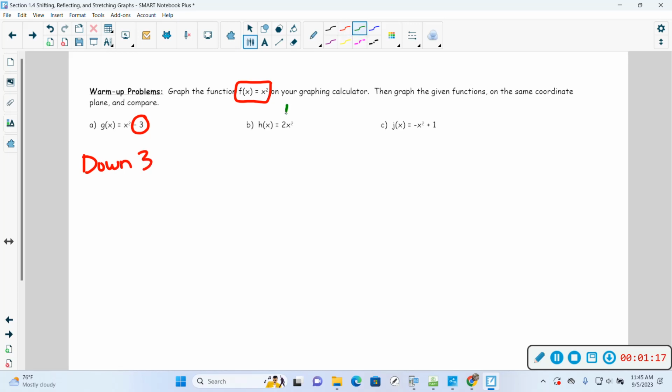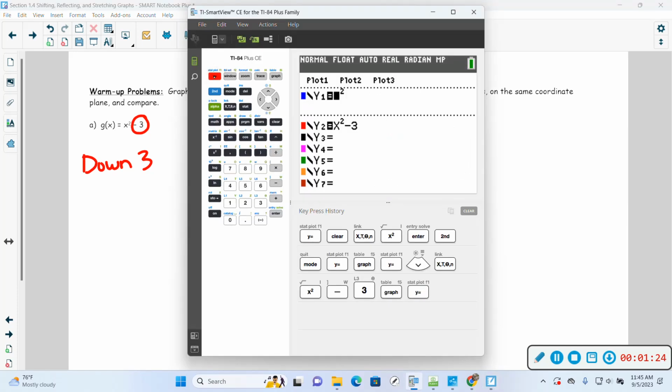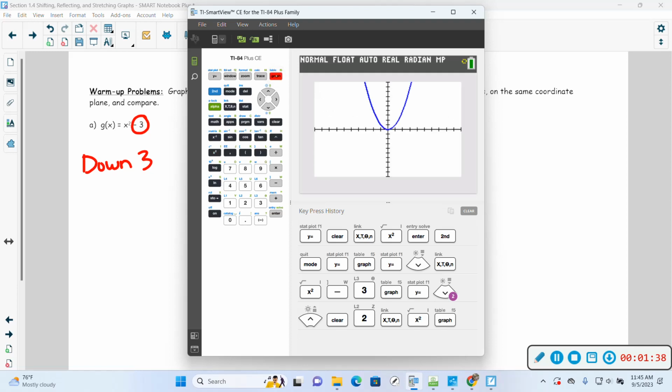Clearly what's different here is they added the 2. Some of you might remember from last year how that affects the graph, but let's take a look. Now I'm going to change this to 2x squared. Just think about this before I hit graph. We go from just 1x squared to 2x squared. There's our original. I see the red one is narrower.